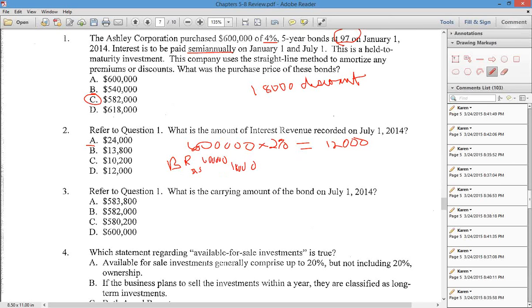The answer to 2 on this quiz, on number 8, is B.